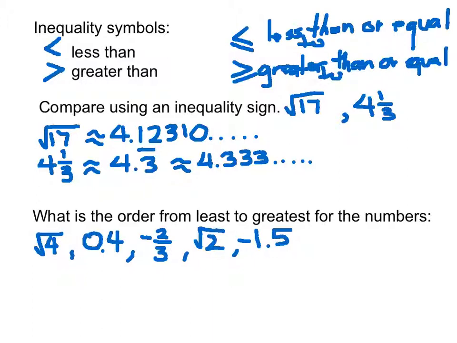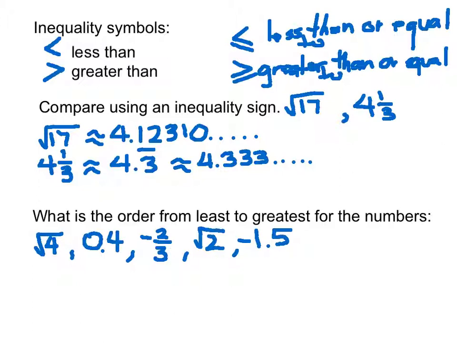In your textbook they're going to be asking you to compare things using an inequality sign. For example, square root of 17 and 4 1/3. What you need to do is get out your calculator and plug in the square root of 17, and you'll see that it equals approximately 4.12310.